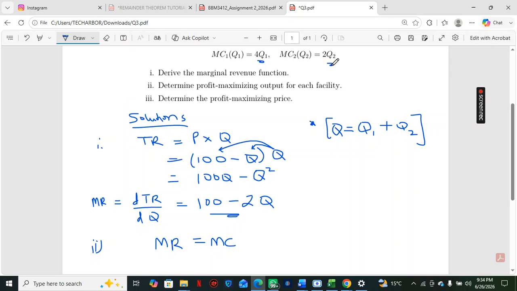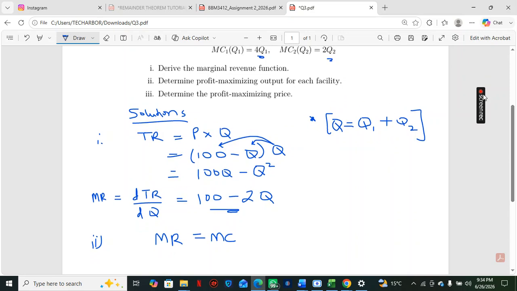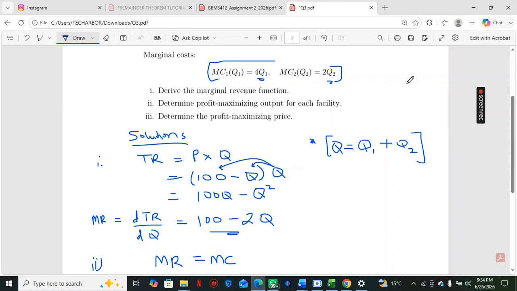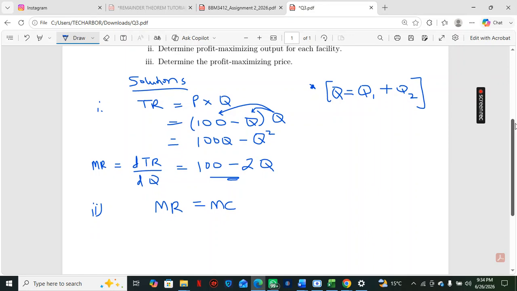Okay. So first things first, we need to express Q either in terms of Q1 or Q2. So what we're going to do is equate these two marginal costs here. We're going to say MC1 equals MC2.